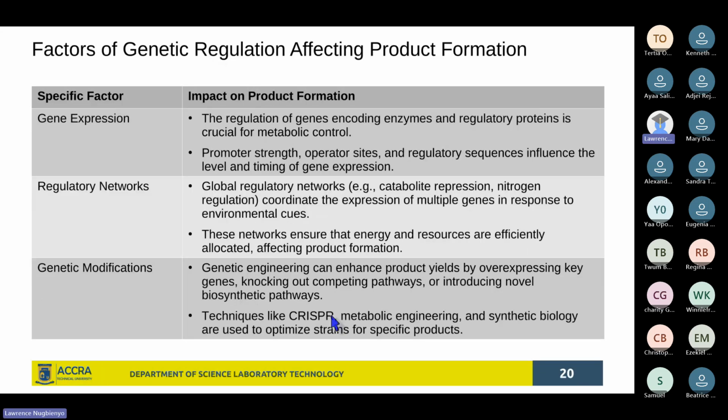Other factors that are also manipulated in these processes are gene expression. We did see gene expression in protein synthesis, where you can have a regulation of genes in order to have the production of particular products depending on the genes that are expressed, because the expression will produce specific proteins coming from some specific genes.